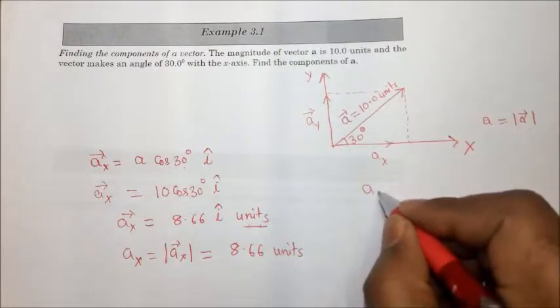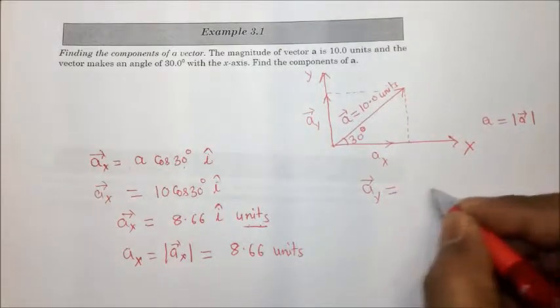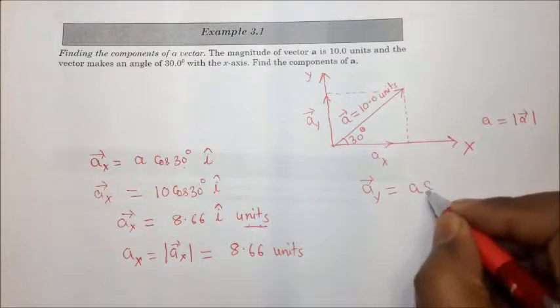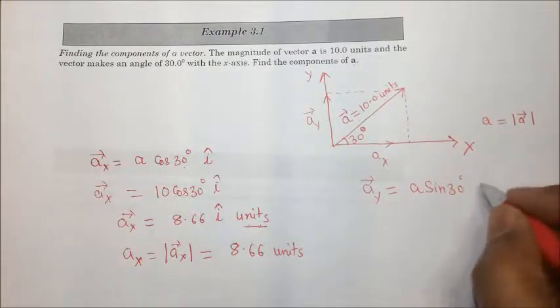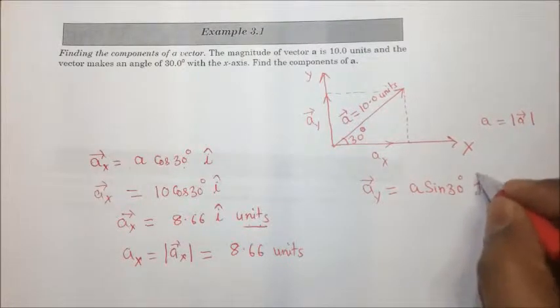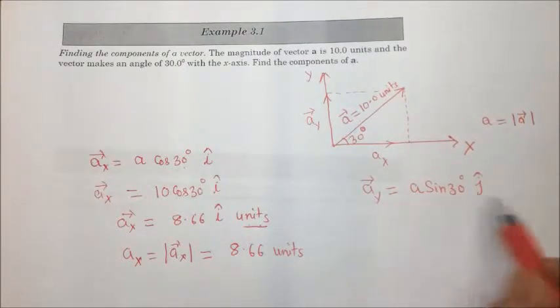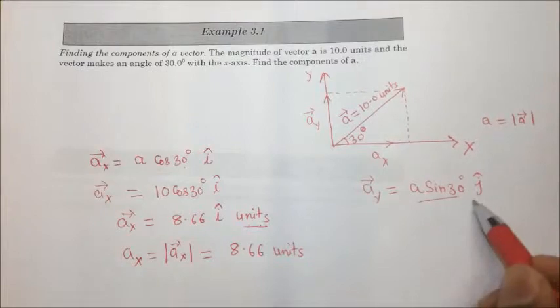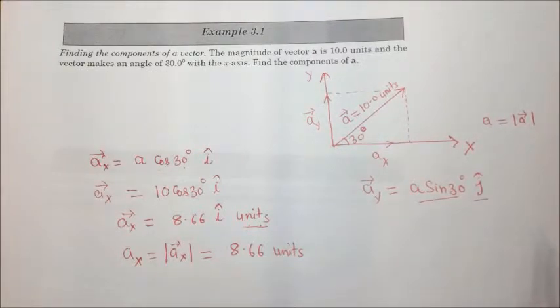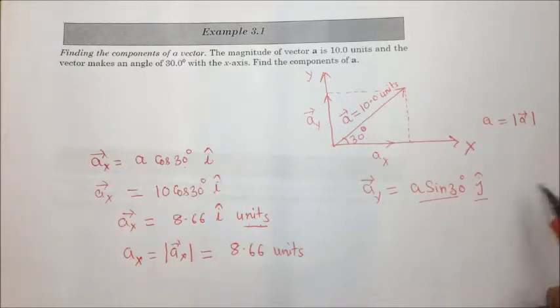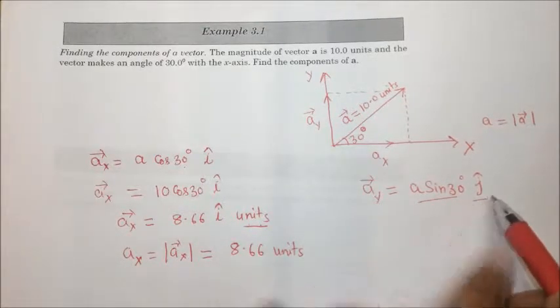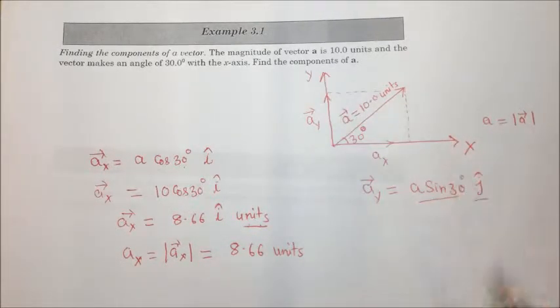So vector Ay is A sine 30 degree, and this is along the y-axis, so you can write j cap. This is magnitude and this is direction, where i cap is the unit vector along the x-axis and j cap is the unit vector along the y-axis.